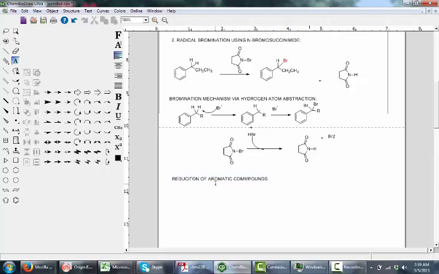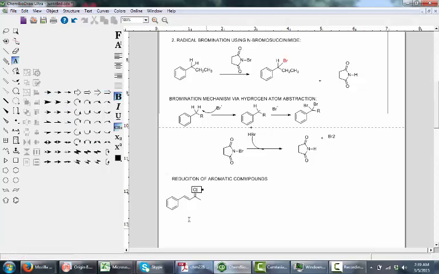There's one other class of compounds and reactions that I want to talk about, and this is section 16.10 in your book, which is the reduction of the aromatic compounds. So if I have a compound like this, and I want to selectively reduce either the alkene or the carbonyl, I can do that.